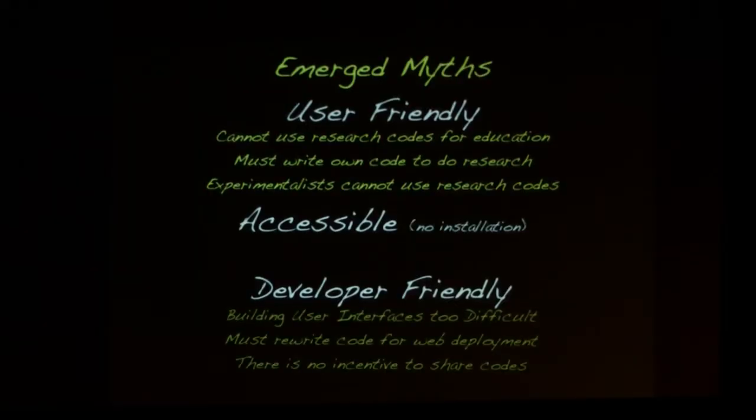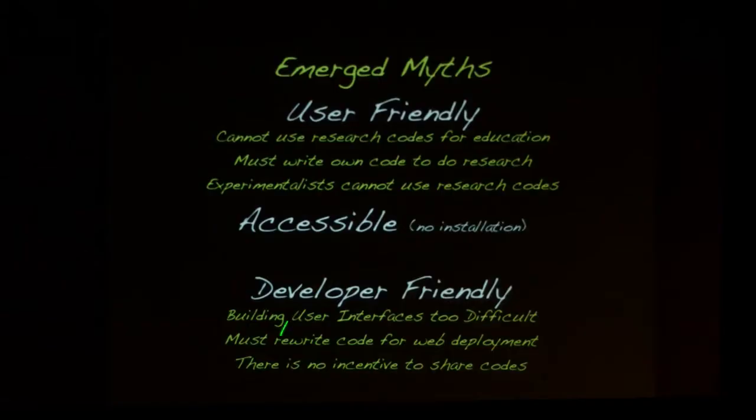On the developer side, it is perceived that building user interfaces that are actually user-friendly is very, very hard. It takes a lot of time, and I just want to graduate and get my PhD, right? And why should I share my code? Because that's my special advantage, right? I can write papers myself, thank you very much. So where's the incentive to share?